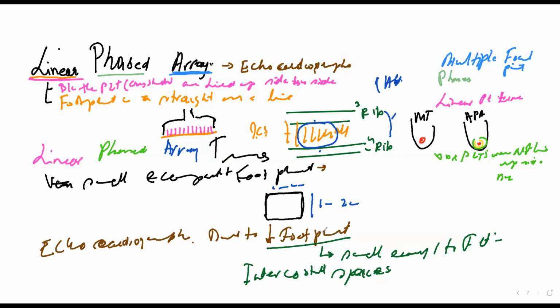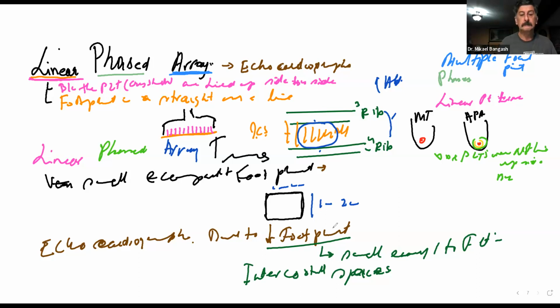So we can mainly say it is due to the small footprint, because it will fit into small areas. The primary area where you need a small window to be able to scan would be in the intercostal spaces to get to the heart.